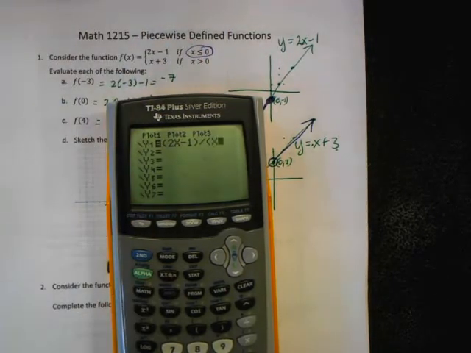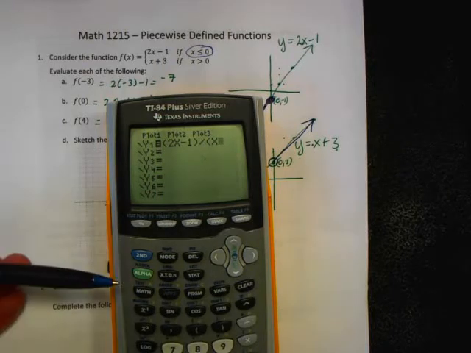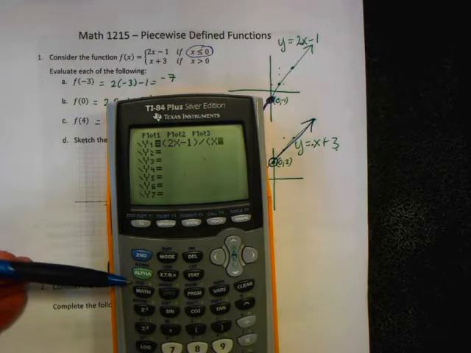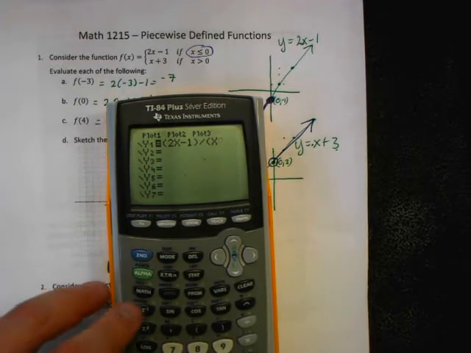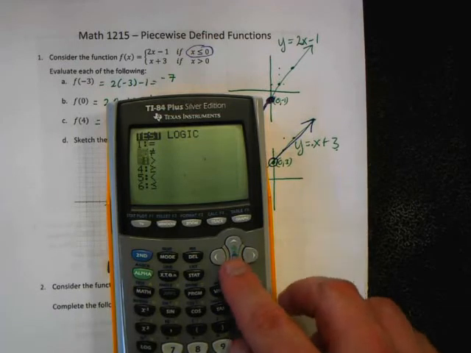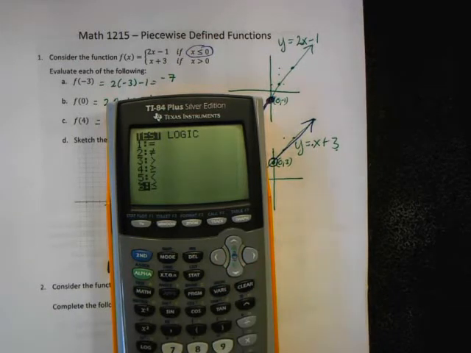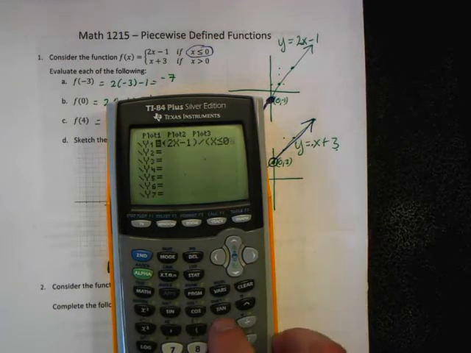So you got x. Anybody know where to find the less than symbol, or the less than or equal to? Second math. Second math, excellent. Second math gets you into the test menu. Second math, and all of those symbols are down there. We go down to less than or equal to 0.